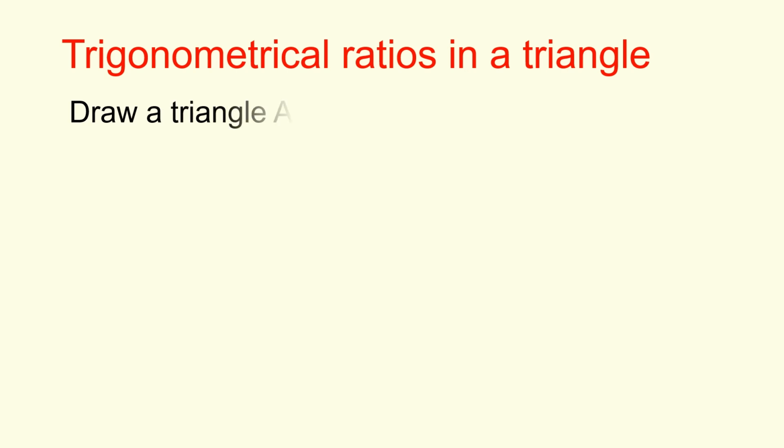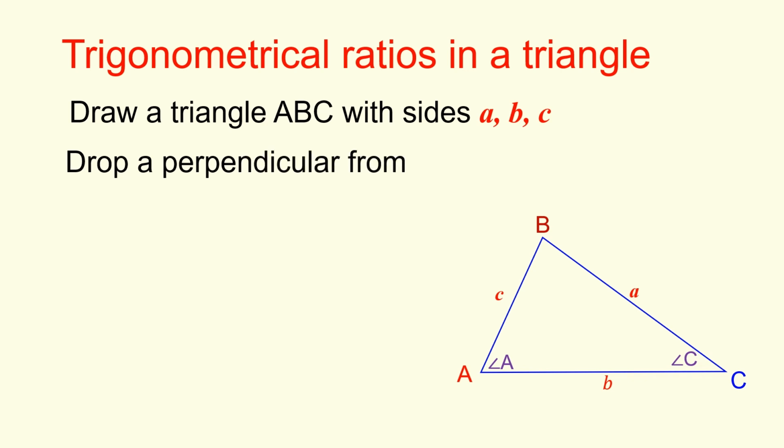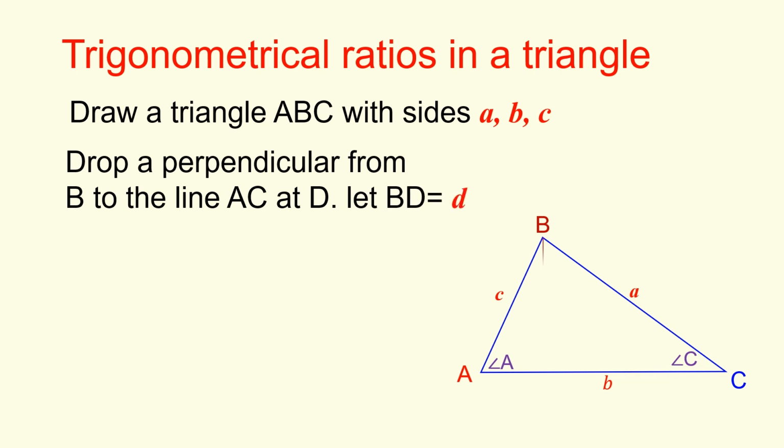Trigonometrical ratios in a triangle. Draw a triangle ABC with sides a, b, c. Drop a perpendicular from vertex B to the side AC at D. Let BD equals d.